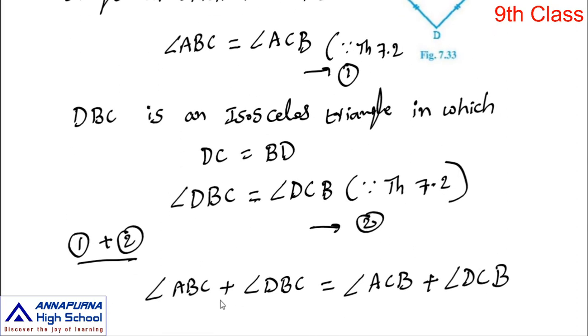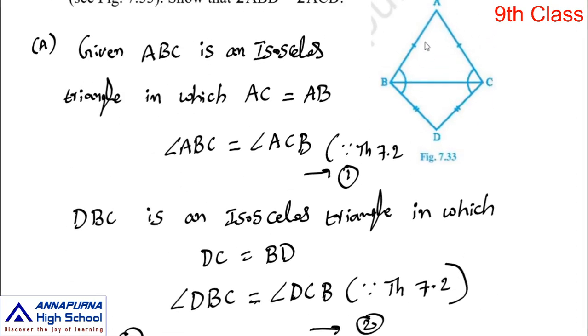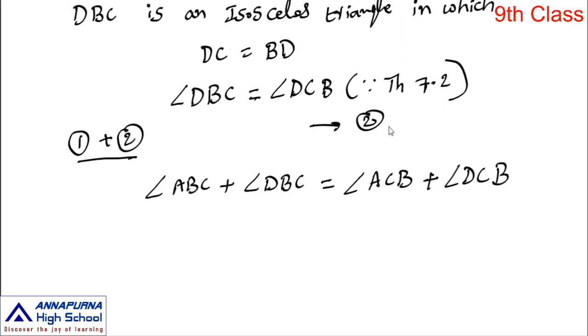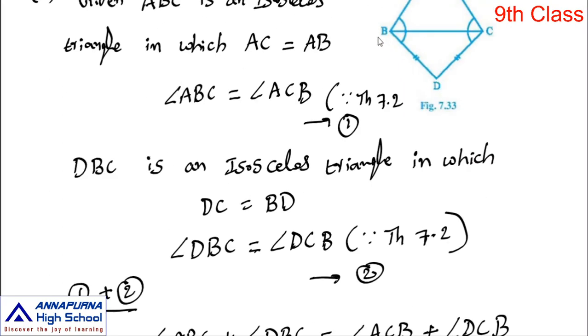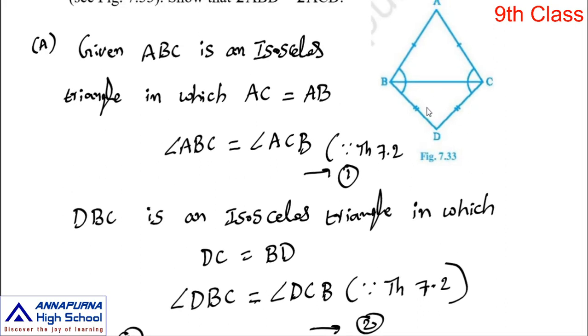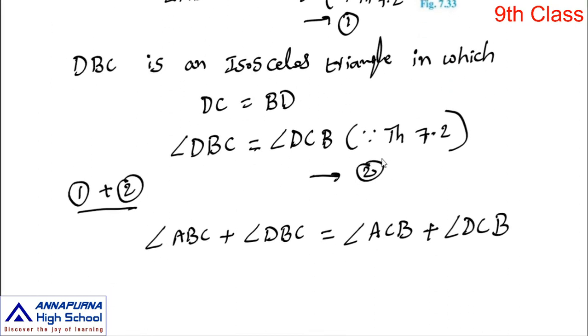Observe the figure. Angle ABC plus angle DBC is equal to the complete angle, angle ABD.